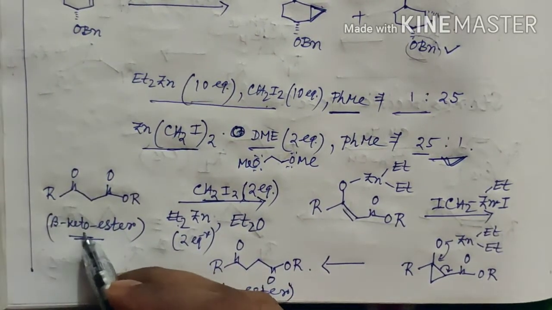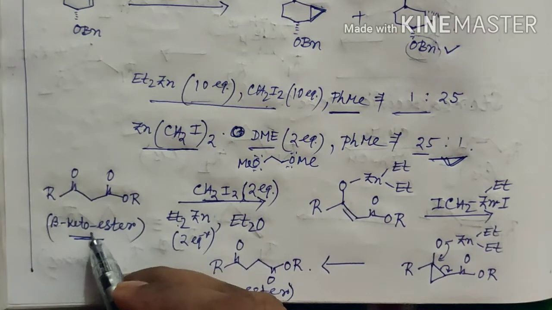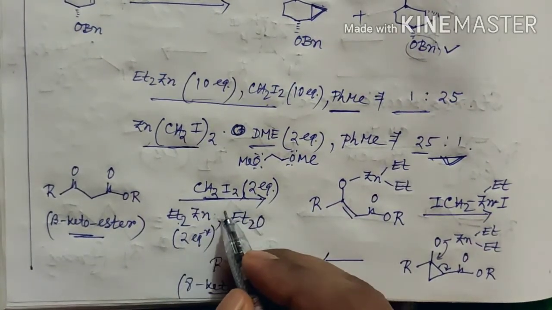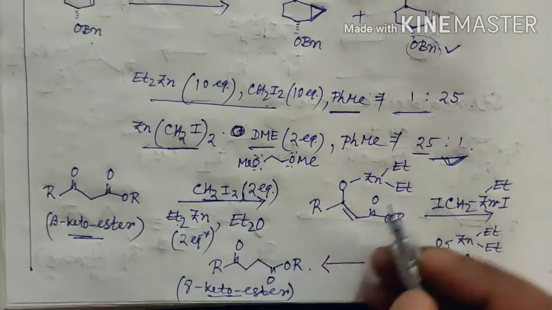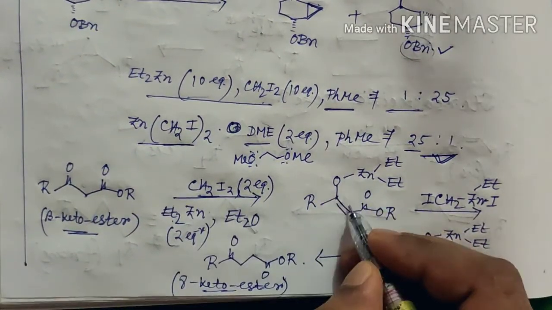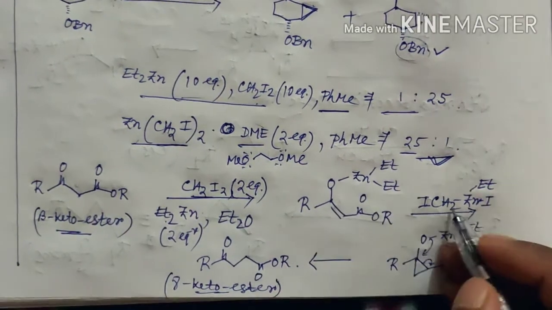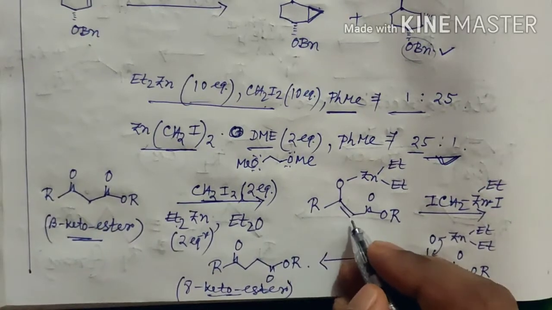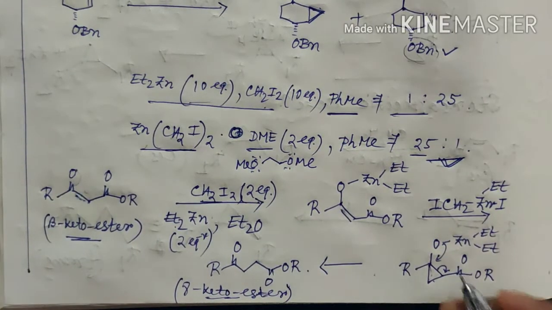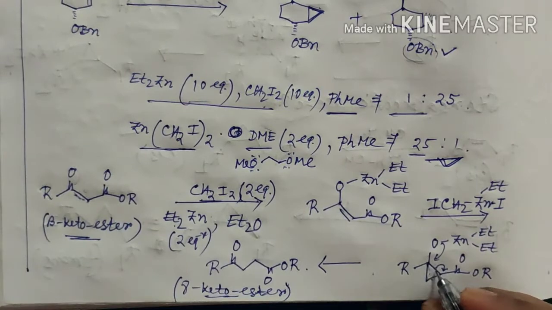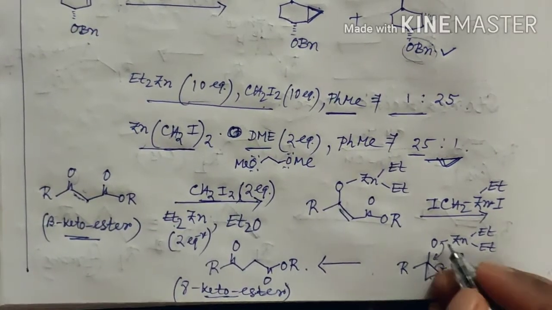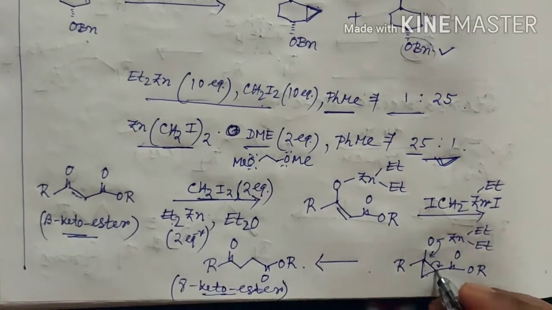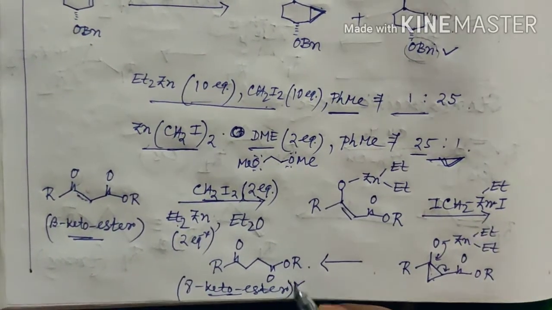If such a beta keto ester species is reacted with two equivalents of zinc carbenoid species, the first species will form such an enol intermediate and the second species will form a cyclopropane ring with this olefin, and in the last step there will be breaking of this carbon-carbon bond and formation of the carbonyl. And proton abstraction will lead to the gamma keto ester.